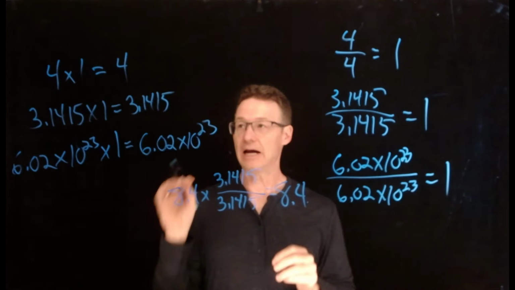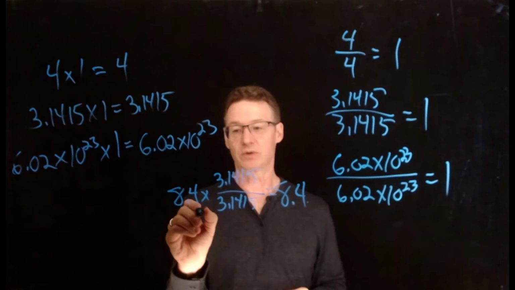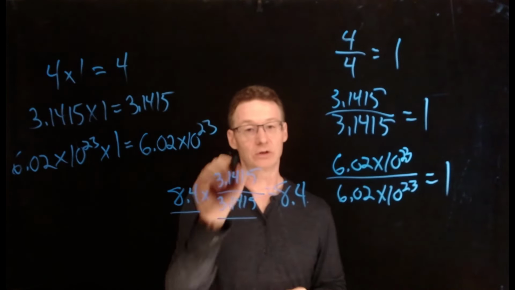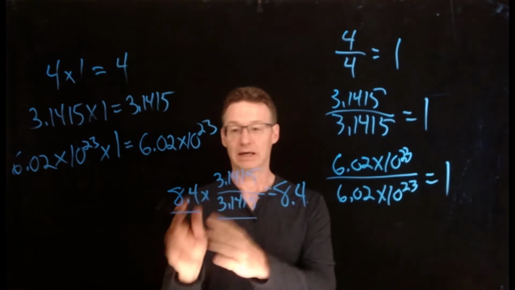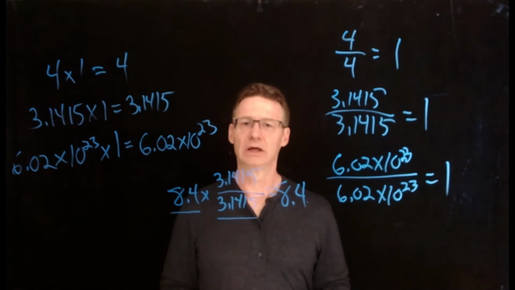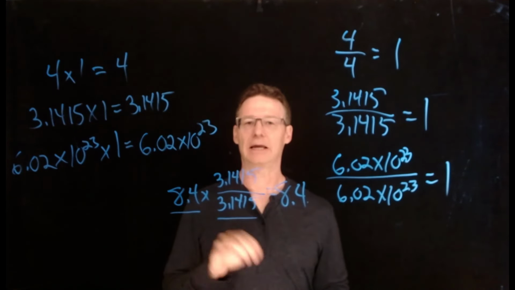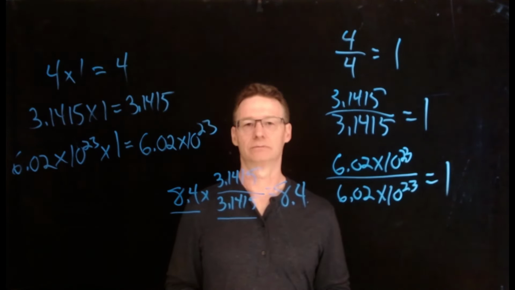This is absolutely the defining factor of dimensional analysis. We can multiply any value times a ratio with equal values on the top and bottom, and the value equals itself. So let's take a look at two more quick things that we need to understand in order to really get a handle on dimensional analysis.